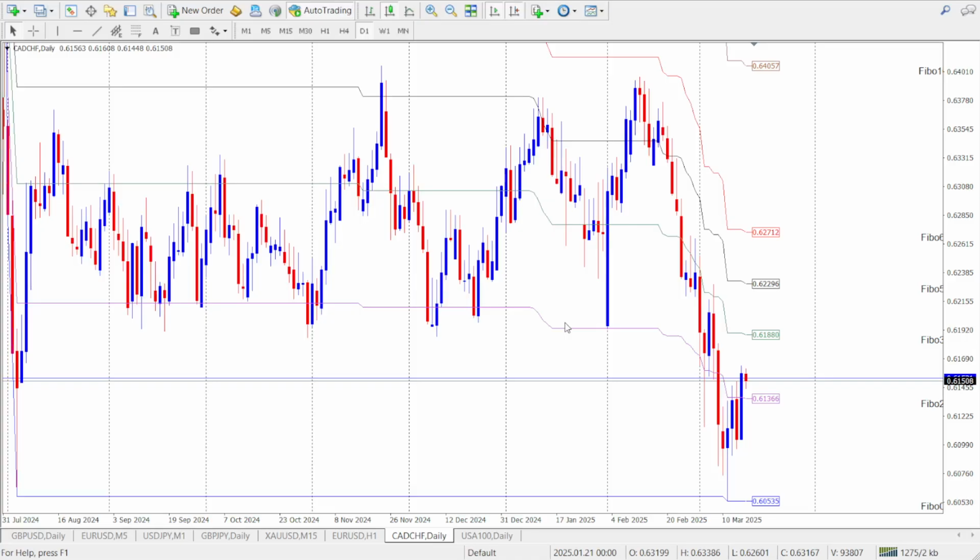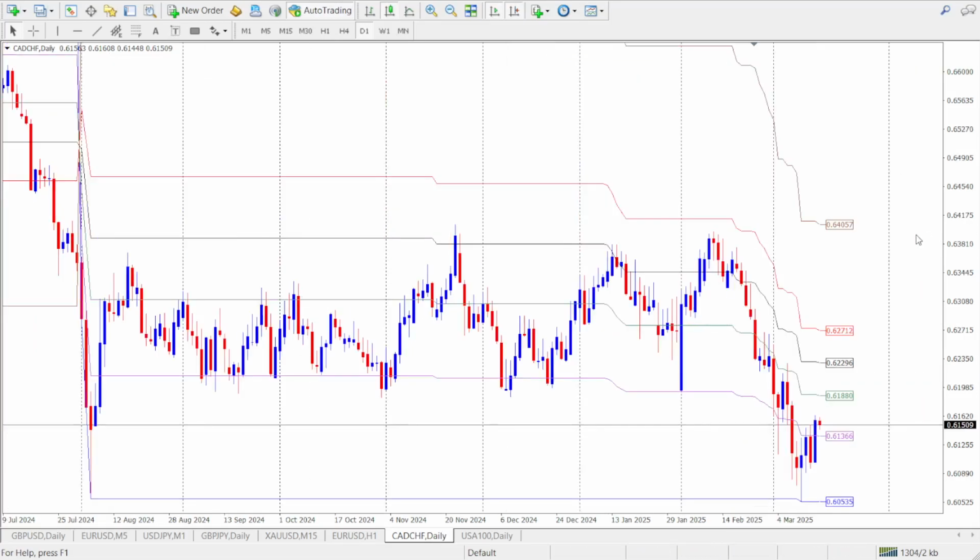All right. So now the Fibo Channels Indicator is a technical analysis tool that plots Fibonacci based channels on your chart, as you can see right here. Now these channels are extremely useful because they help traders identify support and resistance zones, which are critical in making informed trading decisions.